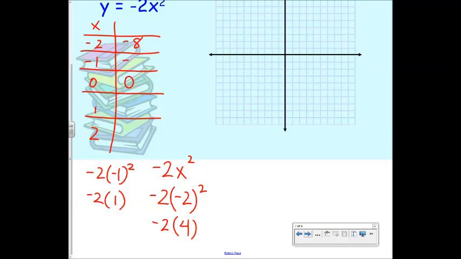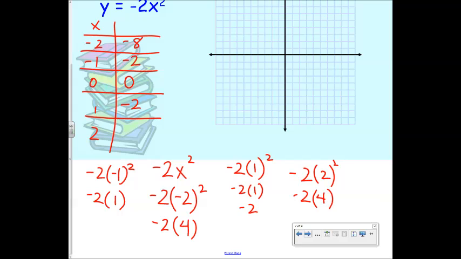All right, what's +1 squared? 1. What's 1 times -2? -2. And last but not least, what's +2 squared? 4. And 4 times -2?